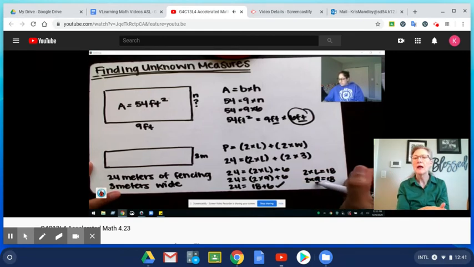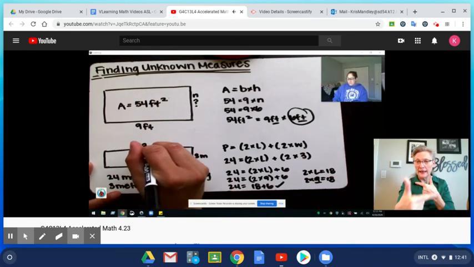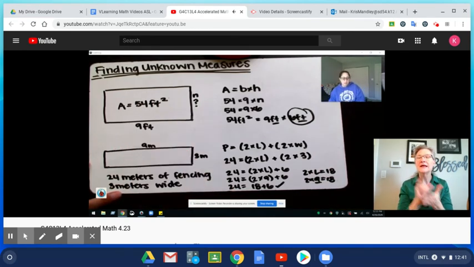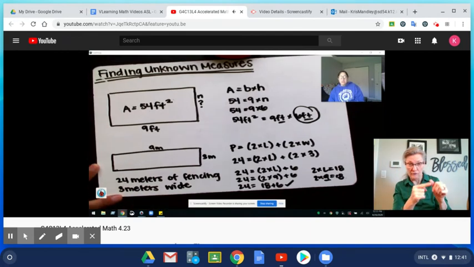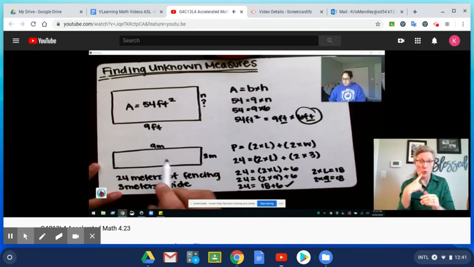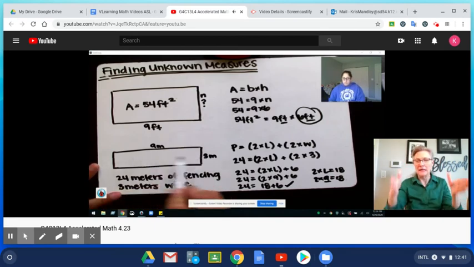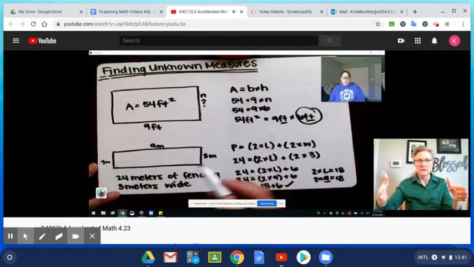So what that means is that 9 that we plugged in for our length, that is the measure of our length, right? That original unknown number that we had as our L for our length, that's now become 9. Now, if we want to double check, we can just add up all of our sides. It's a rectangle, right? So each of our parallel sides is congruent, which means it has the same measure.